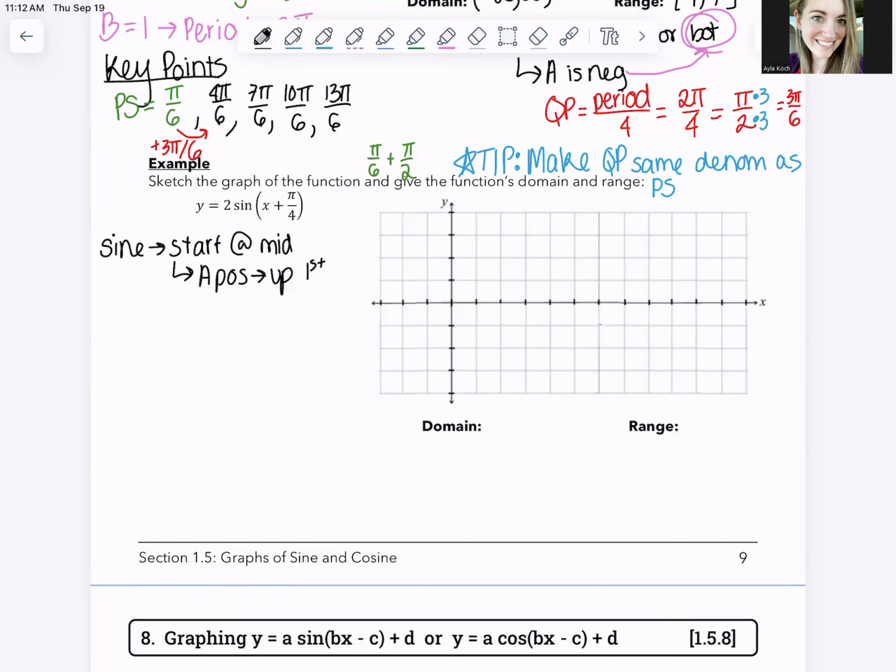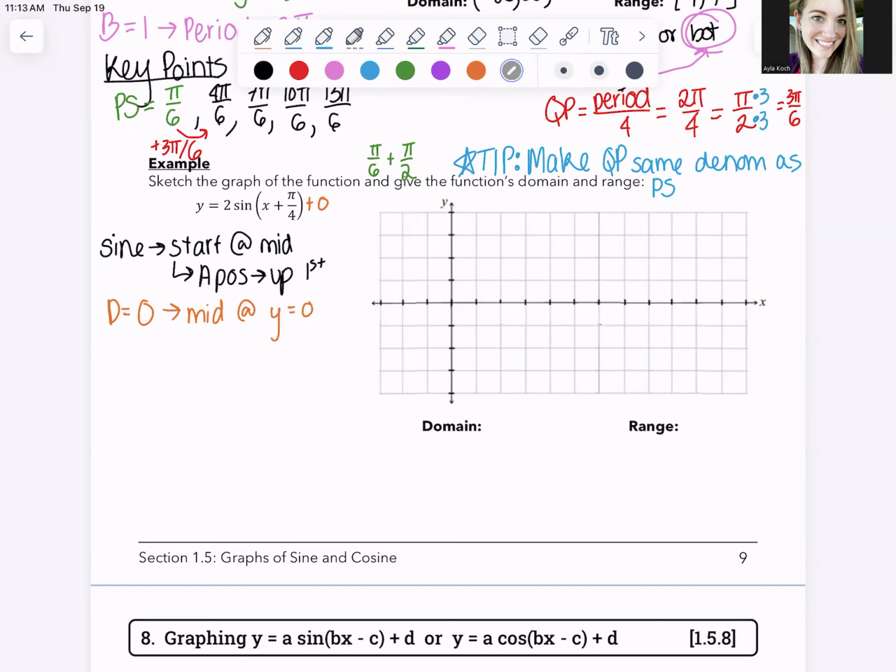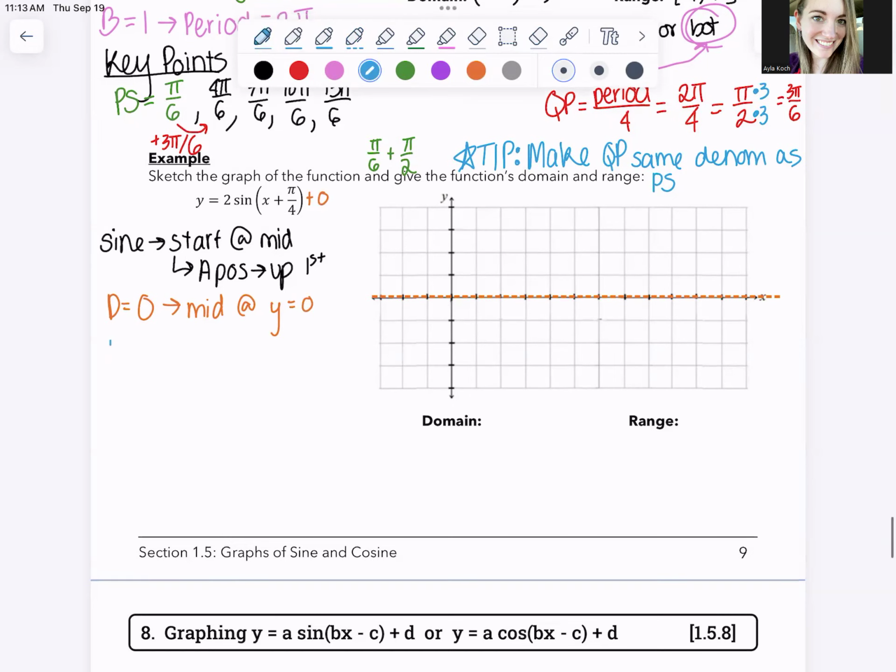All right, so let's go ahead and start with D. So there's nothing out here at the end. So D is equal to 0. That means the midline is at y equals 0. A is 2, which means our amplitude is 2.